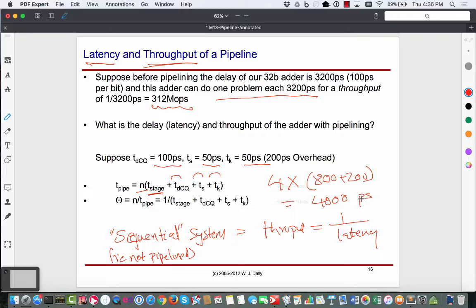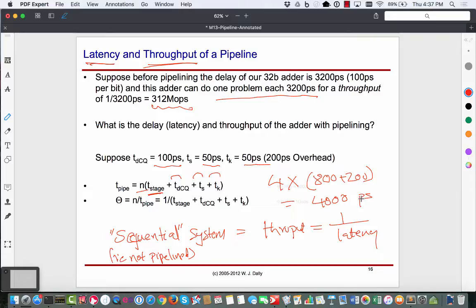In this example, a 32-bit adder, it was 100 picosecond per bit. If I were to chop it down to 1-bit pipelining, then my 1-bit delay is 100 picosecond, but my register would be eating 200 picosecond. So my stage would be 300 picosecond in that case, and that would probably not be a good deal because the register will be a very high fraction of the overhead.